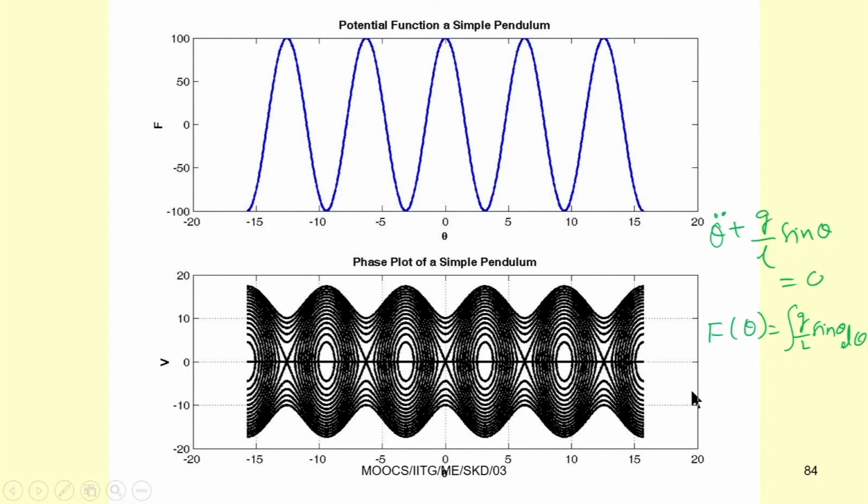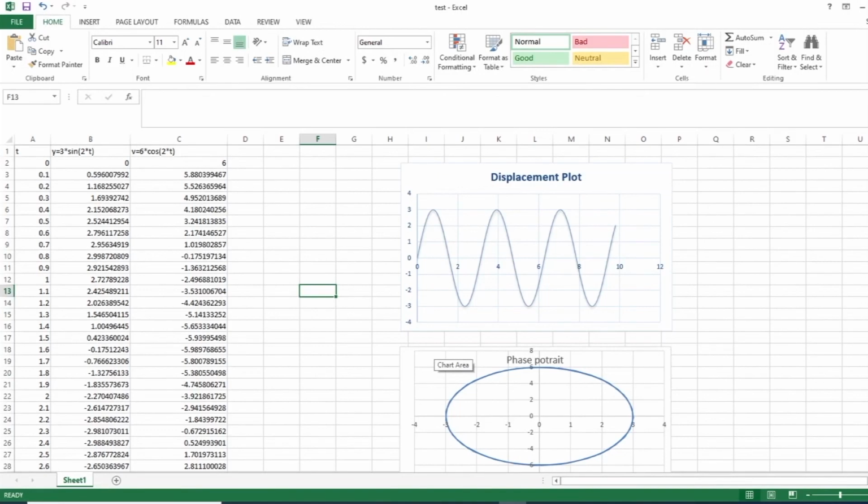Now, you know your velocity, or theta dot, that is v written here, will be equal to root over 2 into (h minus F(theta)). Giving different values of h, you can plot different lines. These different lines are actually for different values of the energy level. Similarly, you can simply use one Excel file to plot the response also. I can show you easily.